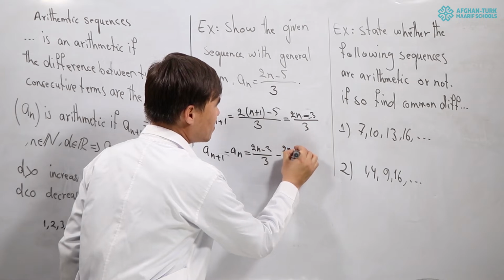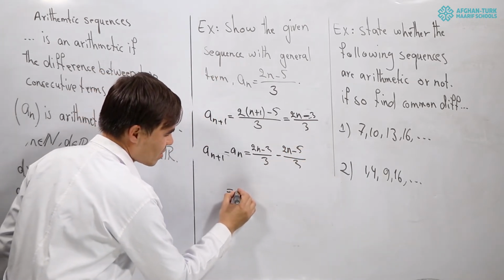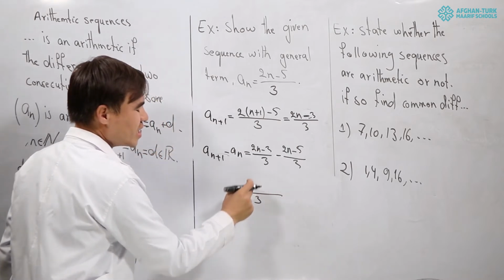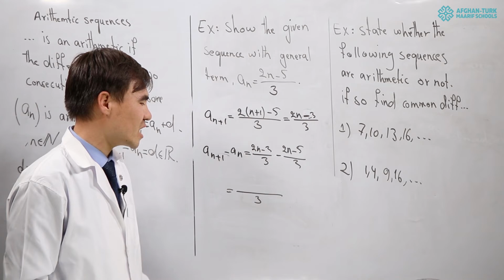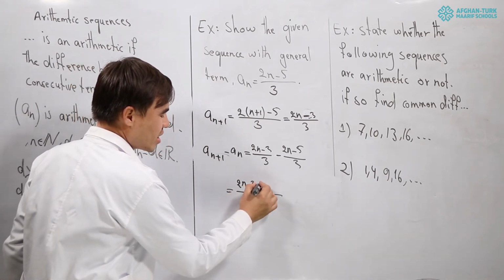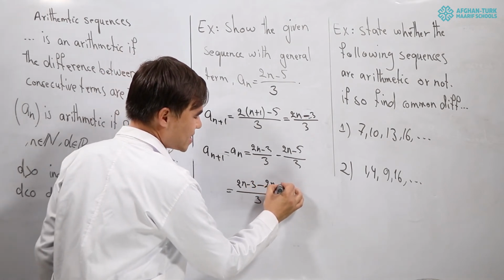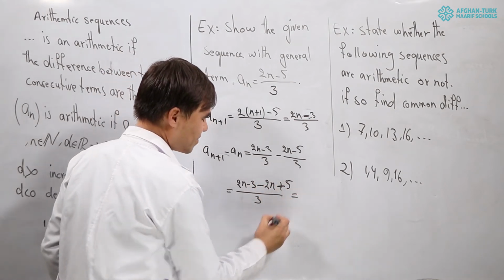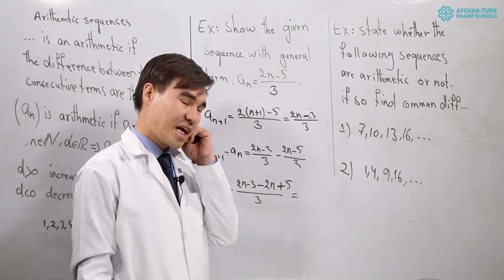So a_(n+1) minus a_n: a_(n+1) we found is (2n minus 3) over 3, minus a_n, which is given in the example, (2n minus 5) over 3. Let's simplify this. Since both have denominator 3, we get (2n minus 3 minus 2n plus 5) over 3. Positive 2n is cancelled with negative 2n.